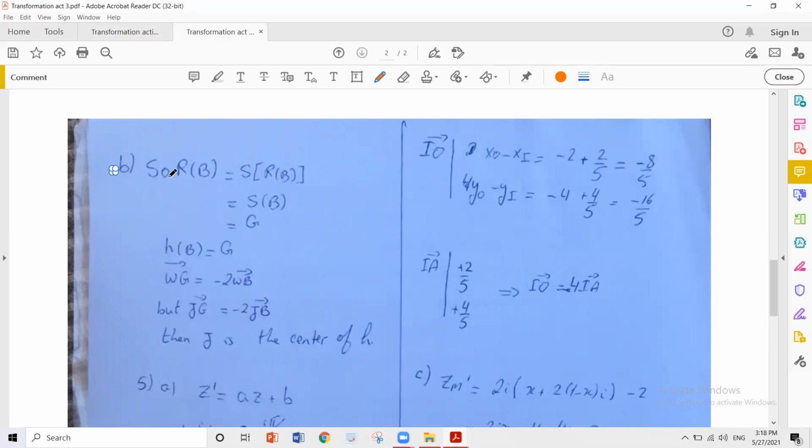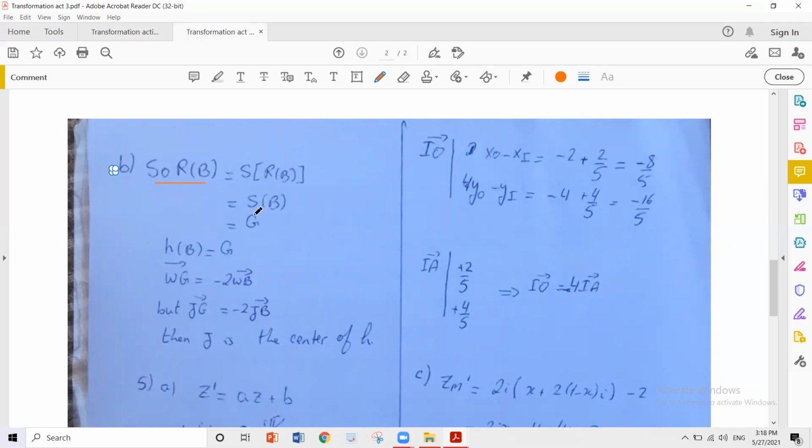To prove J is the center, let's take S round R of B. S round R of B equals S of the rotation of B. The rotation of B is B, since B is the center of R, so it is invariant.